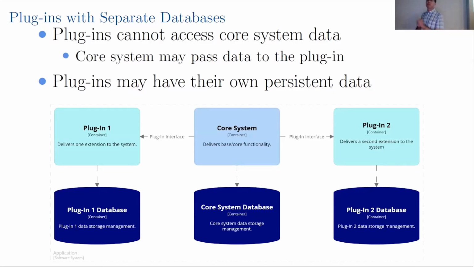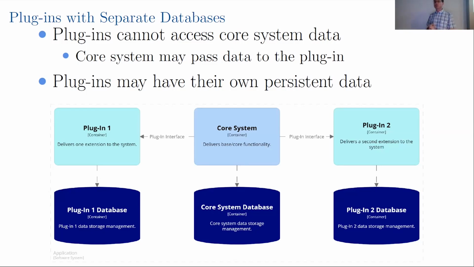Now, we said plugins are independent of each other, and they only communicate with the core system via a simple API. Which means that any persistent data that your plugin needs to store needs to be stored within its own database.